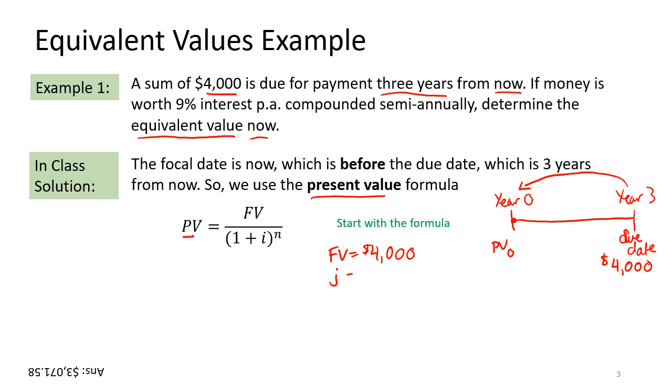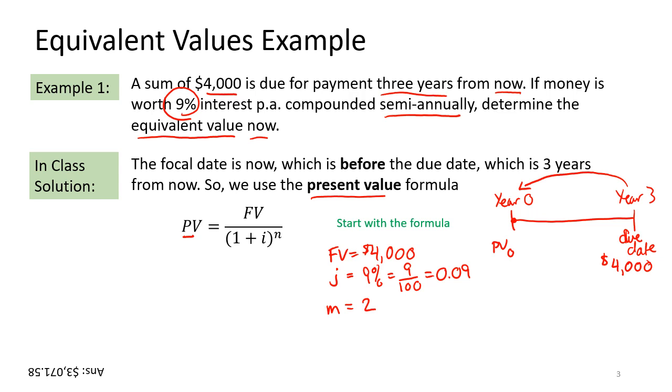We know that our nominal interest rate, also provided in the question, is 9%, which is equal to 9 divided by 100, removing the percentage sign, which is equal to 0.09. Our number of compounding periods per year is also provided in the question: semi-annually, which means twice per year.